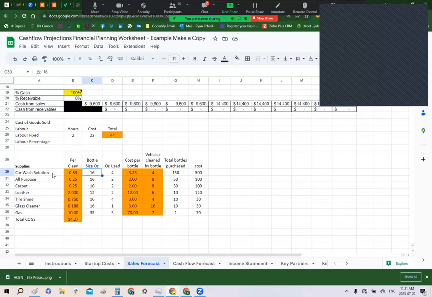So if you're doing, oh my gosh, what was Ash? Ash does Ignited Charm. So if you have candles and you buy a certain amount of wax, out of that wax that you buy, you put the total size. And then for each candle that you make, you would put the amount that you use. So for example, let's say the bottle is 16 ounces big, each candle is 4 ounces.